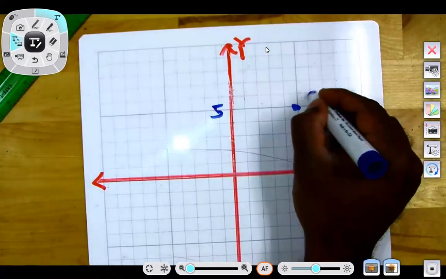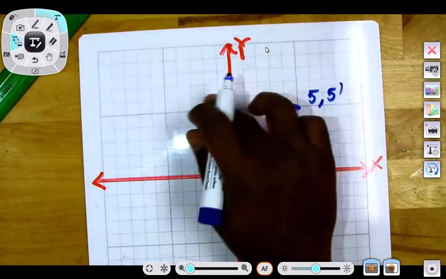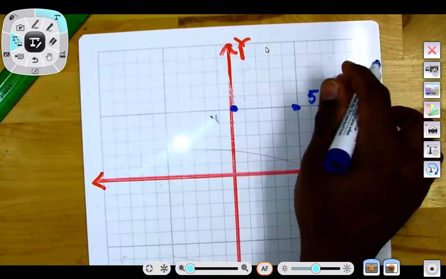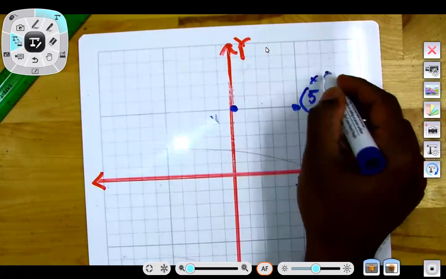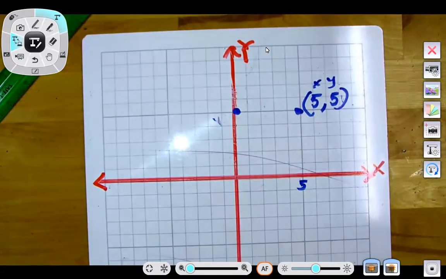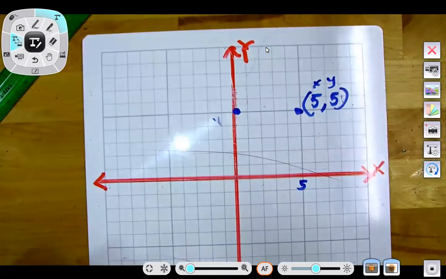Okay. All right. If you reflect, this is the x value, y value. On the y-axis, it has to be somewhere over here. How is it going to look? When you reflect on the y-axis, the x value becomes negative, the y value stays the same.